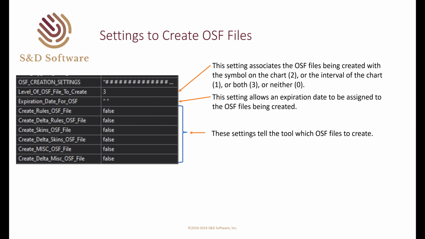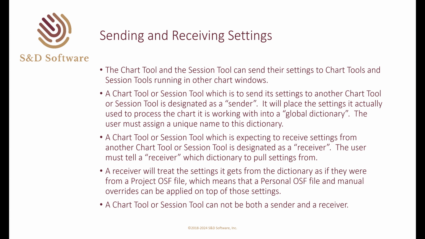So let's start talking about sending and receiving settings from one chart tool to another. Now, the chart tool and the session tool both have this capability. And the way it's normally used, again, is to send settings from one chart analysis window to another.